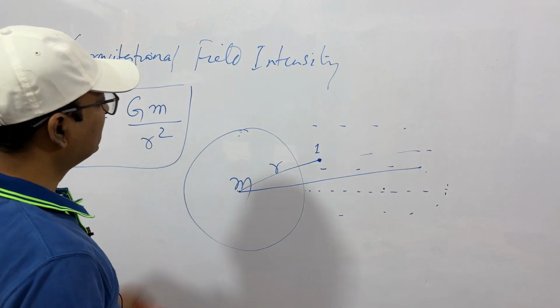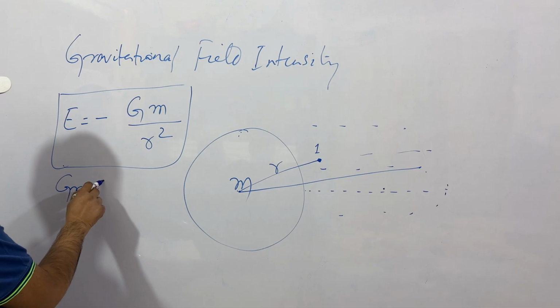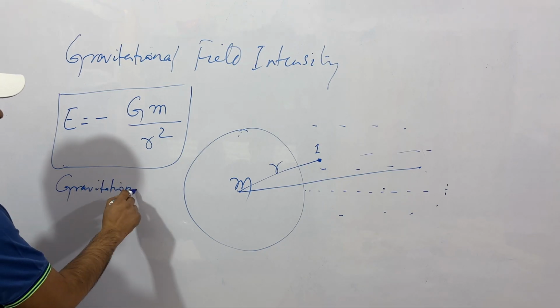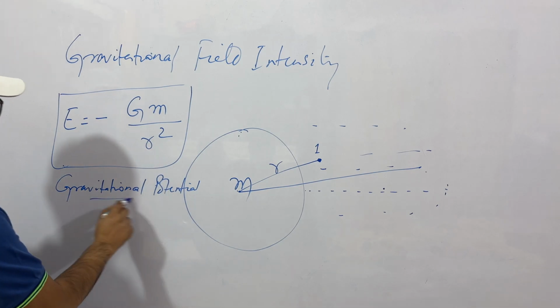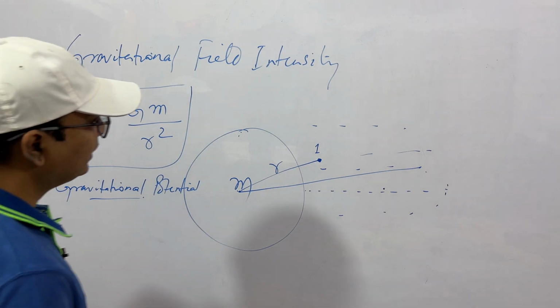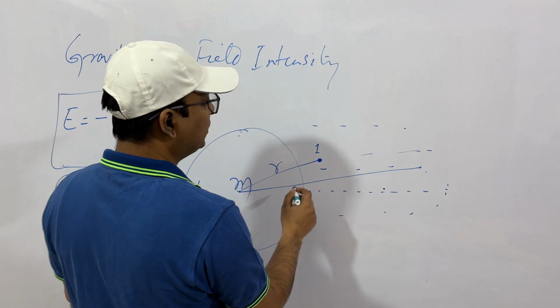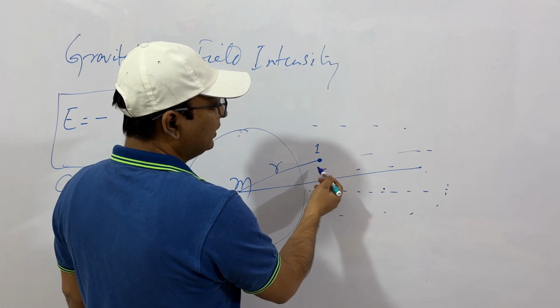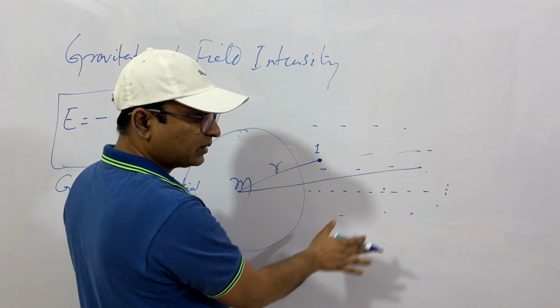Okay. Now from this we have a concept called potential, that is gravitational potential. If you have studied, you have seen these terms in electrostatics and electrodynamics also. What is gravitational potential? Now we know the energy at this point, the intensity at this point. Obviously it will have a potential. Any particle will have a potential if it is placed in a field.